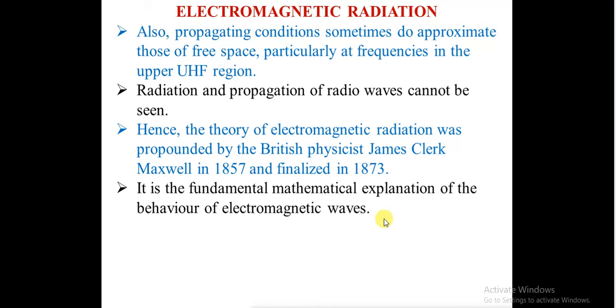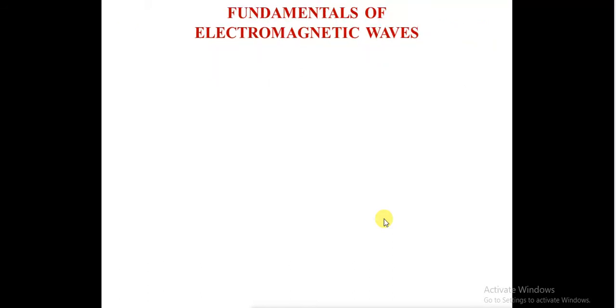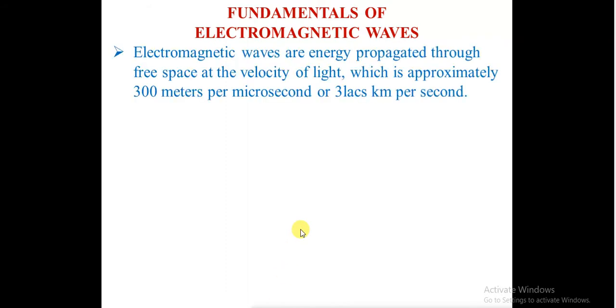And it is the fundamental mathematical explanation of the behavior of the electromagnetic waves. Now we will see the fundamentals of the electromagnetic waves. Electromagnetic waves are energy that is propagated through free space.